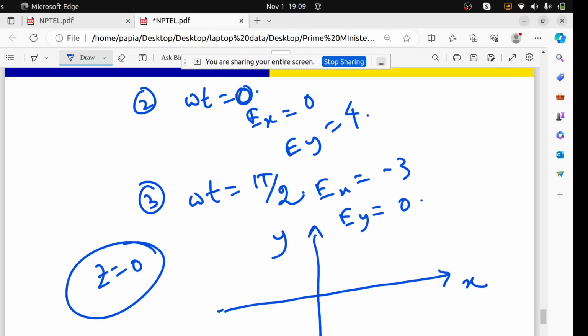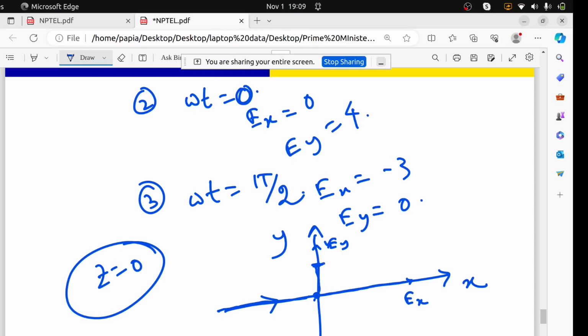Let me write here that the wave is coming from this side, and at t equals 0, that means at this point Ex is 0, Ey is 4. So this portion is Ex, right? And this one is Ey. So at t equals 0, Ex is 0 and Ey is 4. Ey is 4 means this point.